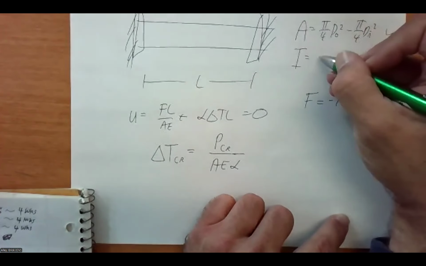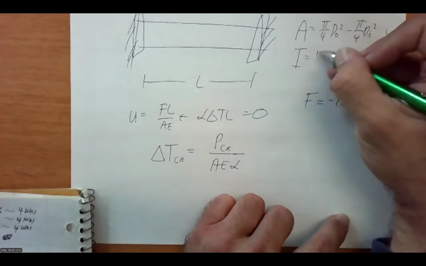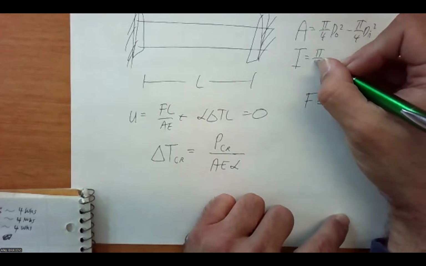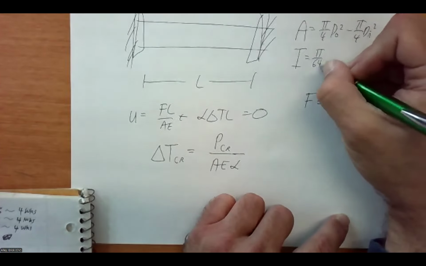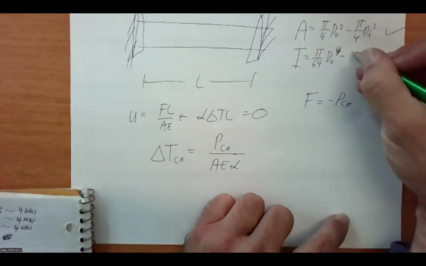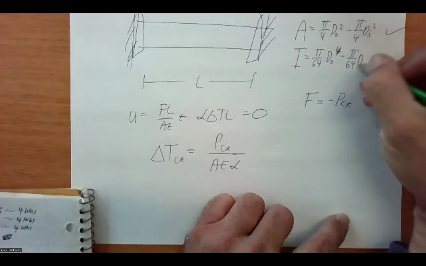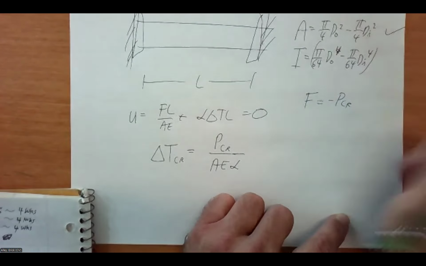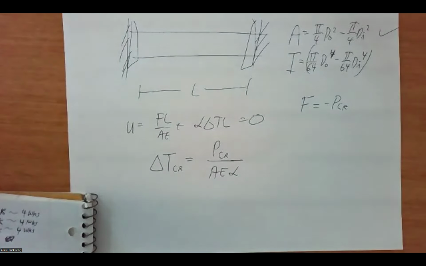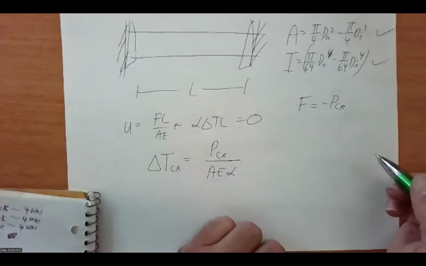For I, bending moment, it can be pi over 64 d outer to the 4th minus pi over 64 d inner to the 4th. Remember, it's pi over 4 r to the 4th, or if we're keeping it in diameters. So I can get my I. That's just a function of the geometry.